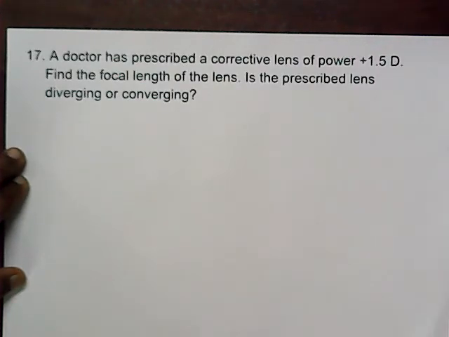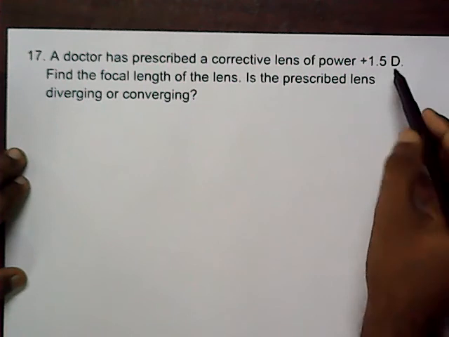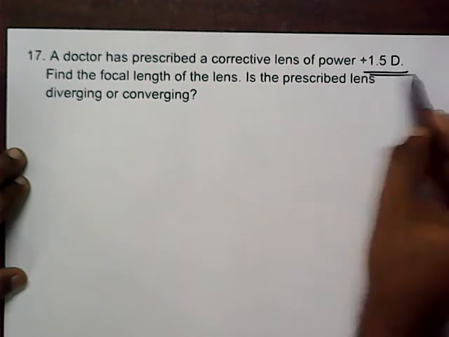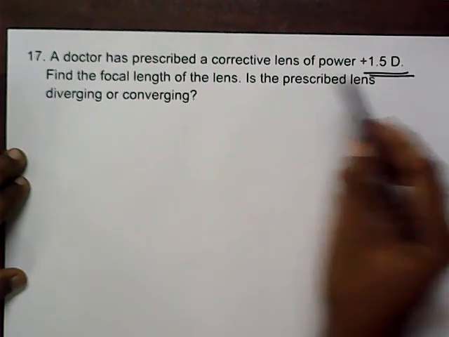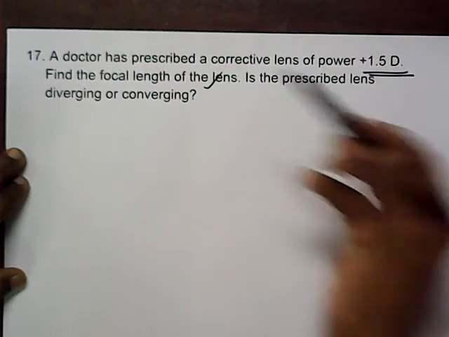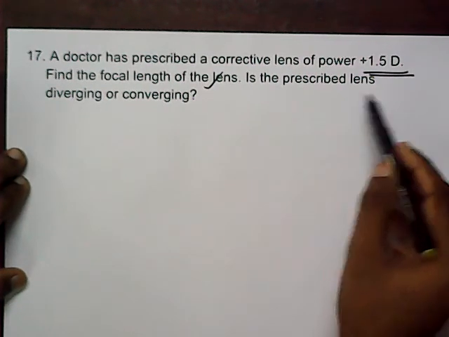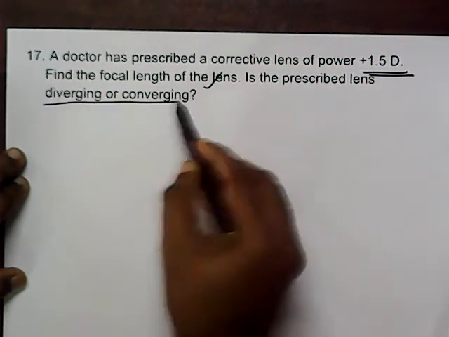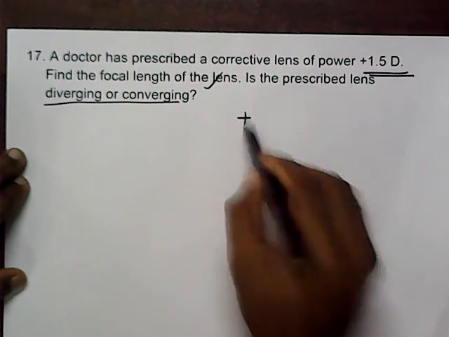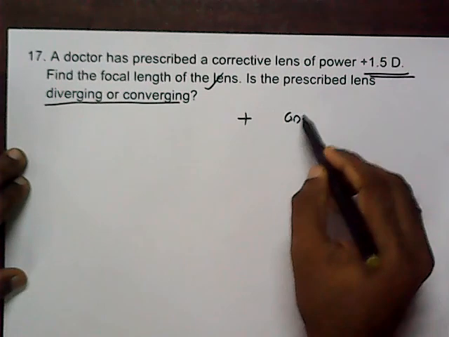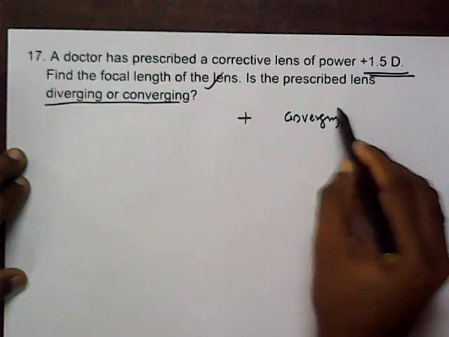Number 17. A doctor has prescribed a corrective lens of power plus 1.5 diopter. Find the focal length of the lens. Is the prescribed lens diverging or converging? Because of the plus sign, we can say it is a converging lens.